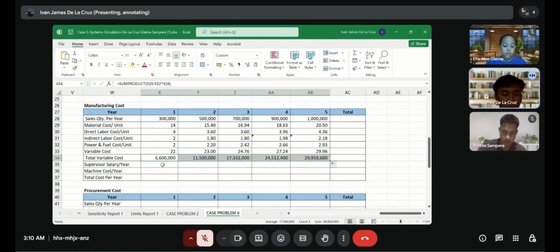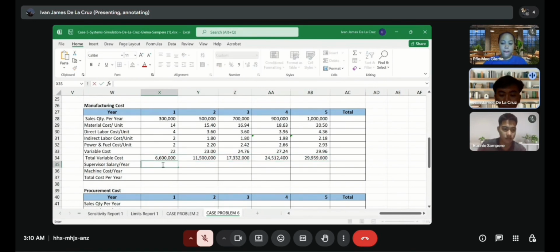So for the supervisor salary per year, it says 60% per month, and if we multiply it by 12, we can get the yearly salary. So for the second year, it says that it will increase by 10%.